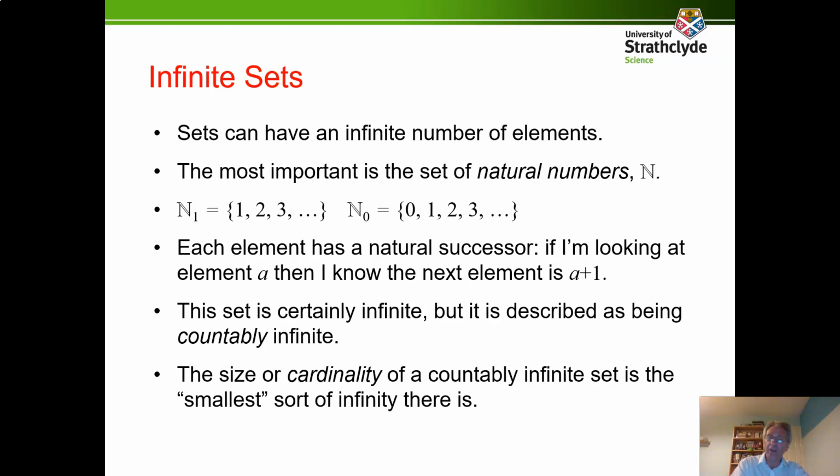And we talk about the cardinality rather than the size of an infinite set. So a countably infinite set, like the natural numbers, is the smallest sort of infinity that there is. And we'll see some infinite sets which have a larger cardinality later on. But for the moment, all you need to know is this is a very well behaved infinite set.